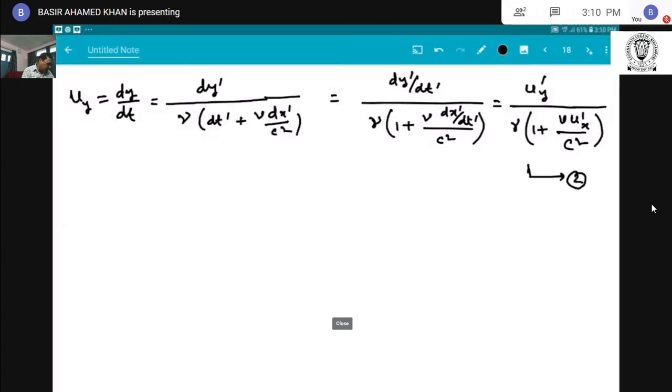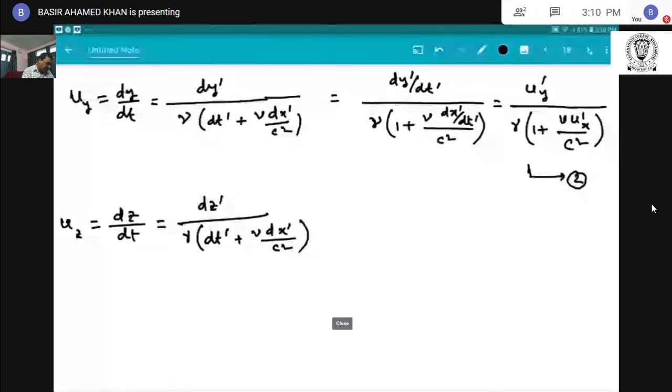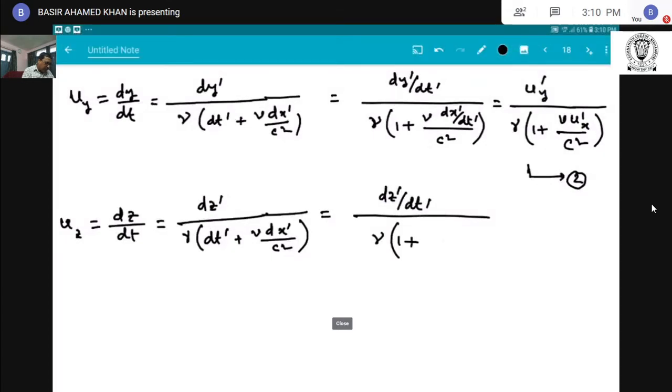And uz equal to dz by dt equal to dz dash divided by nu times dt dash plus v x dash by c square, equal to dz dash by dt dash divided by nu times 1 plus v dx dash by dt dash by c square.